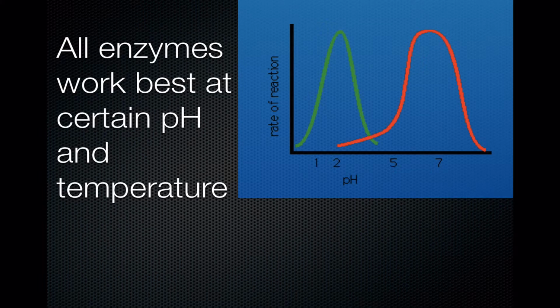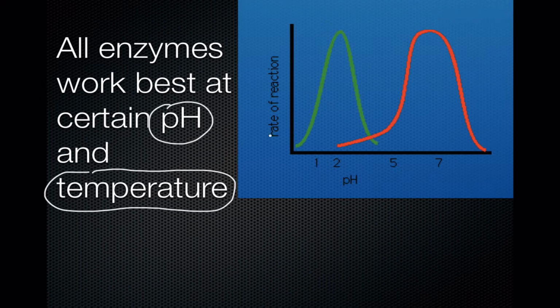Now, all enzymes have environments where they work the best. The two abiotic factors that are most important for enzyme function are pH and temperature. If we make a graph of how well an enzyme works, the rate of the reaction, as we go up here, the enzyme is working faster and faster, and as we go down, it's working slower.